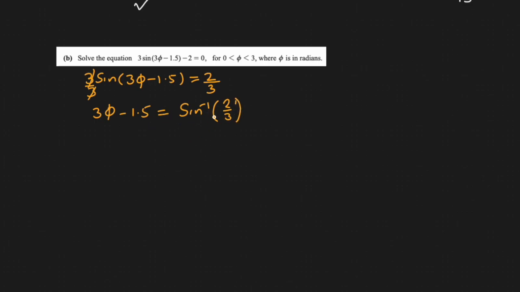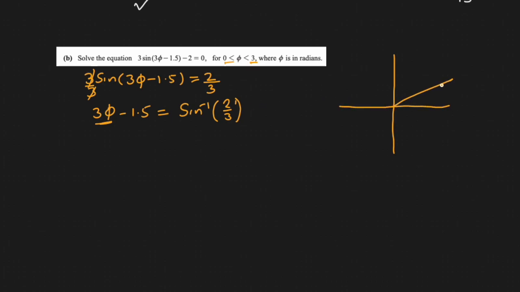Okay. So we have to find phi from 0 to 3. Right? But this 3 phi will ask us to go beyond this, so that if we divide by 3, it will come back to this one. So let's see, where do we have sine positive?